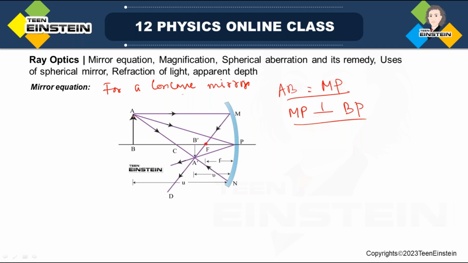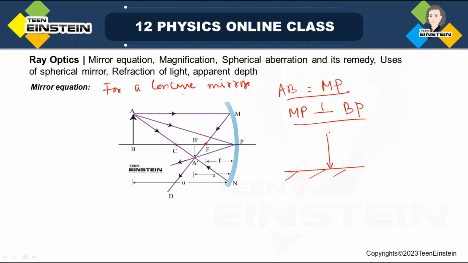Then if I take a ray which is passing through the center of curvature, a line from the center of curvature to the mirror will be perpendicular to the mirror.